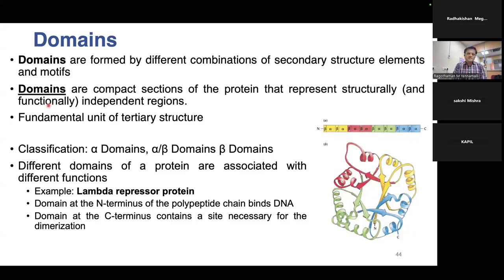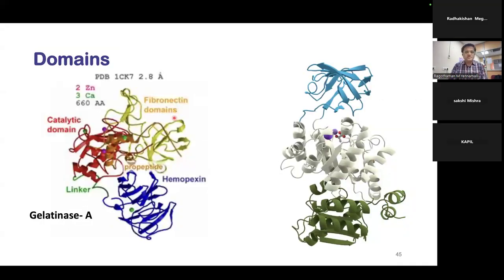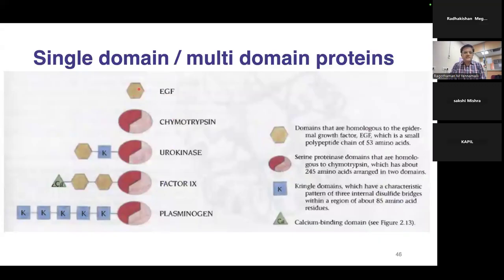So domains are nothing but independent units within the protein where a function can be assigned. And these are independent because you can have single domain proteins and multi-domain proteins. For example, the EGF domain: just that EGF domain is enough to carry out the function. However, the EGF domain, along with something else and the serine protease domain, is seen in urokinase.